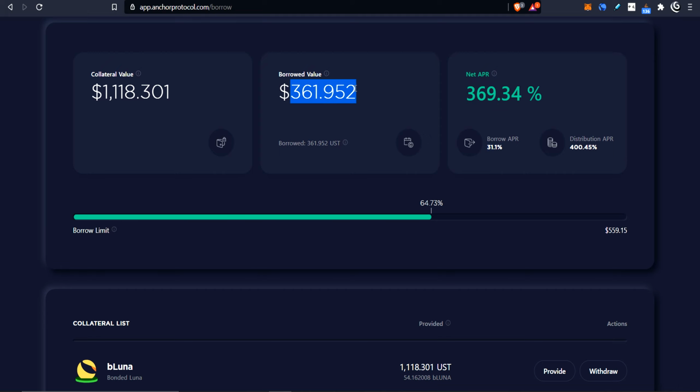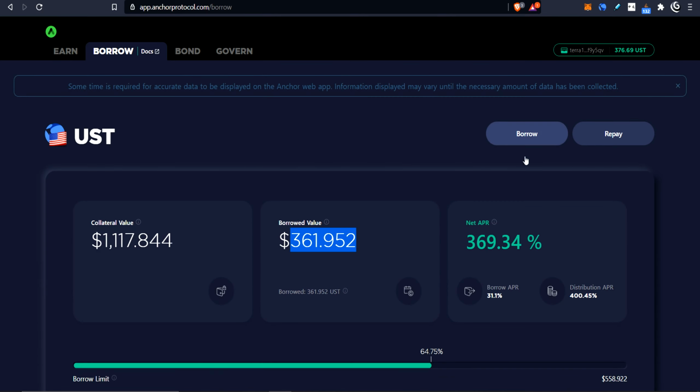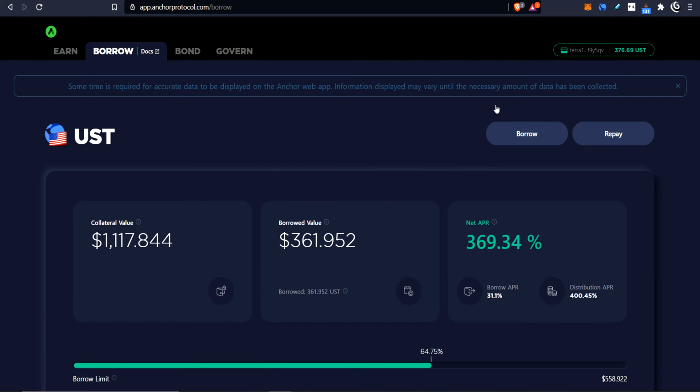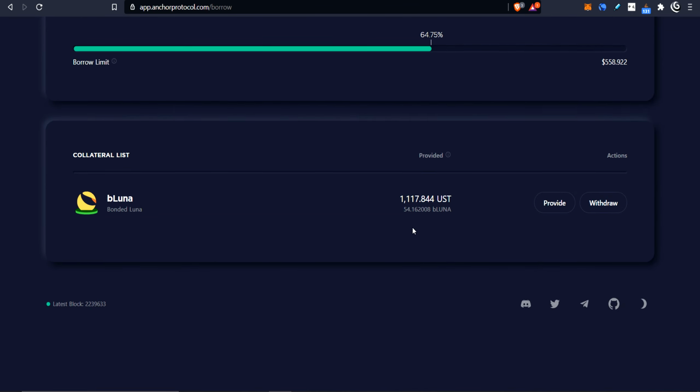So this is gaining interest of 31%, and I'm getting paid this in anchor tokens. So you might have to sell some anchor tokens in order to keep your USDT balance at what you have to repay. Because when you go to repay, I've had it in here for a day, and I owe more now than when I originally borrowed. Okay, so not a lot more yet because I've only had it in for one day.